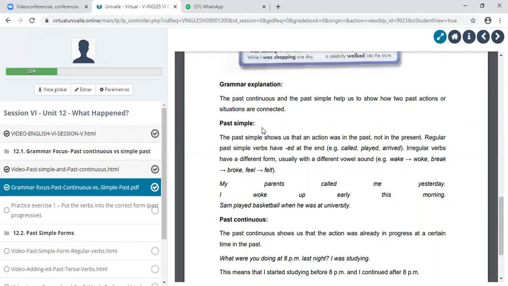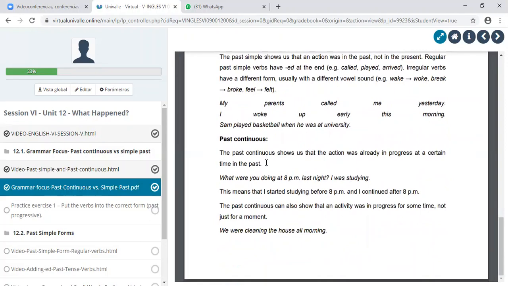My parents called me yesterday. I woke up early this morning. Sam played basketball when he was at university. Past continuous. The past continuous shows us that the action was already in progress at a certain time in the past. What were you doing at 8 p.m. last night? I was studying.